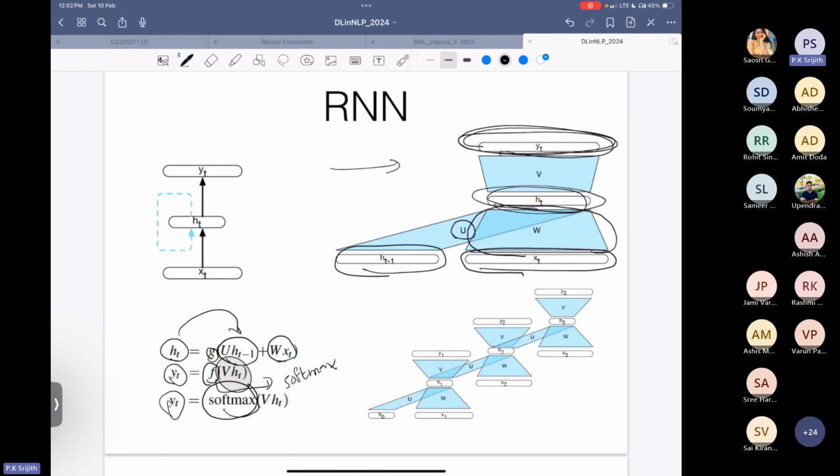Maybe for some words, this W times XT could be some small value, but it is a bit difficult to really manage that with these simple operations of a recurrent neural network.